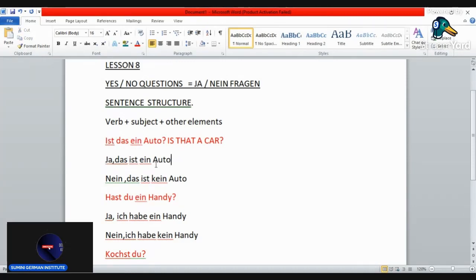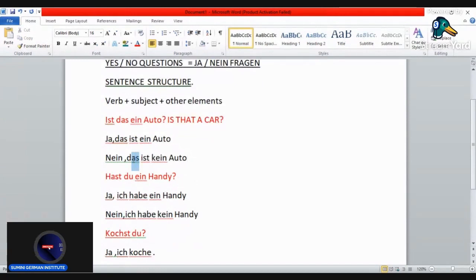Ja, das ist ein Auto. Yes, that is a car. Or nein, das ist kein Auto. No, that is not a car. The subject, the verb, and then other elements.